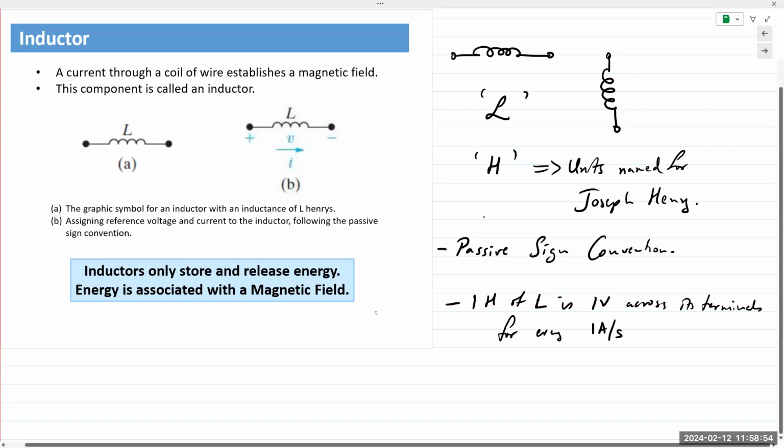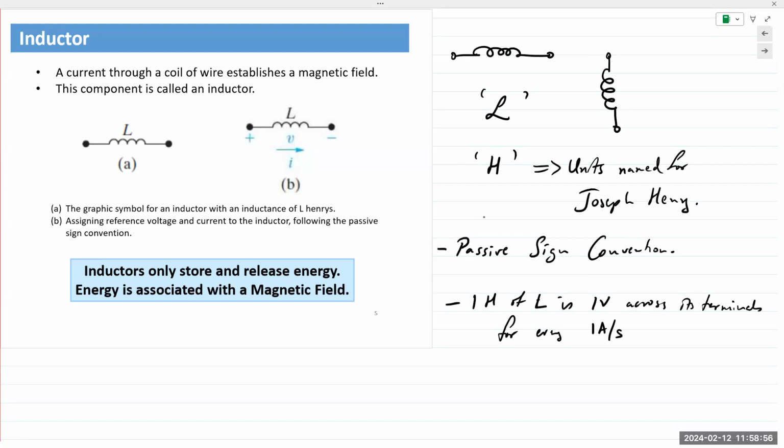If the current does not change, the voltage goes to 0. So 1 ampere per second change, 1 volt is 1 Henry.